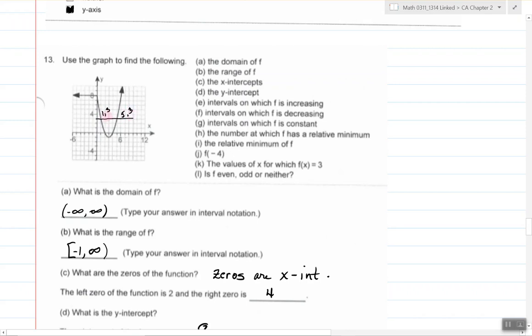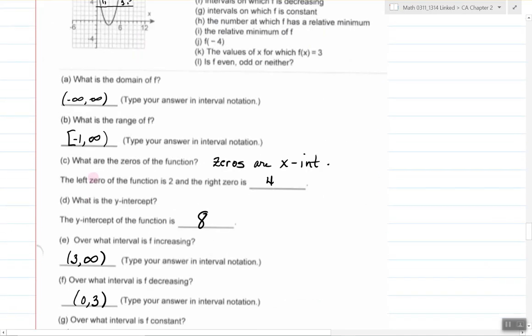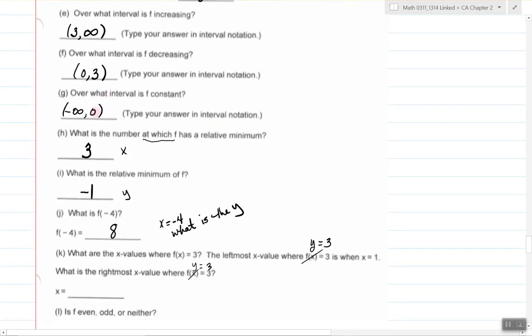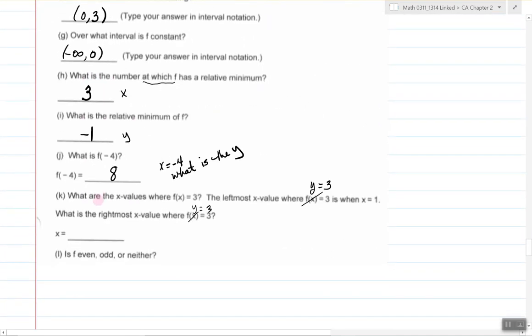They mention 1, 3, and I think they're asking us about 5, 3. The rightmost value, x is 5. Is it even, odd, or neither? It did not have any symmetry, so it was neither.